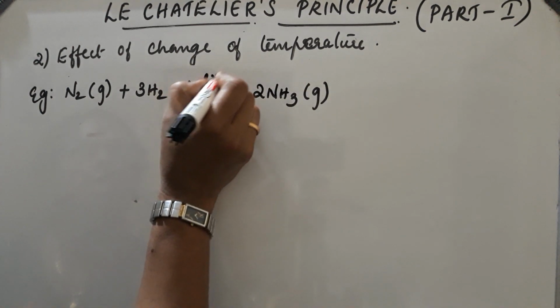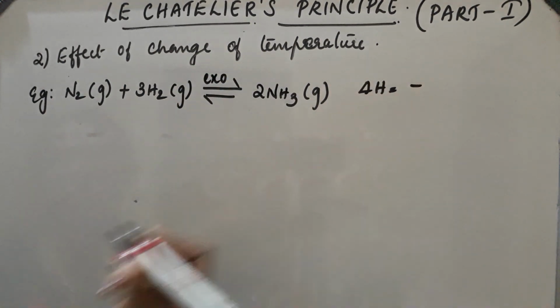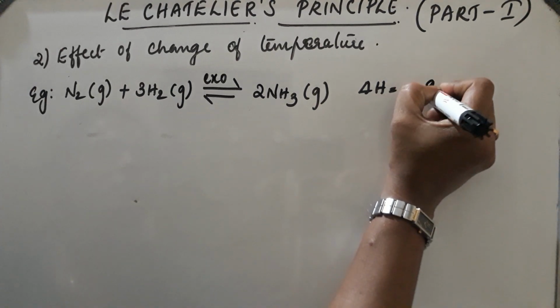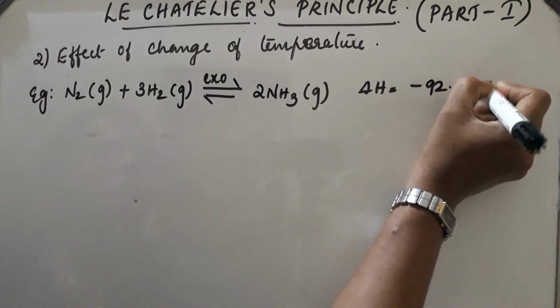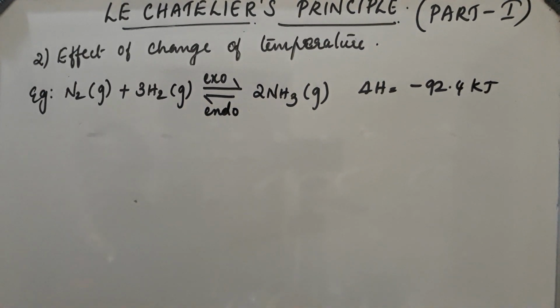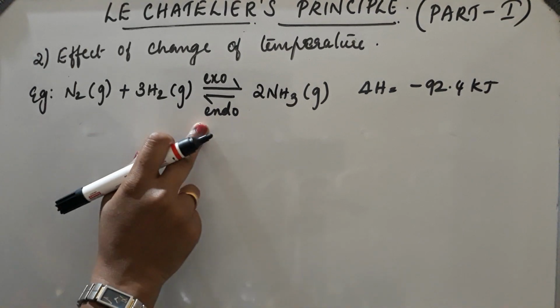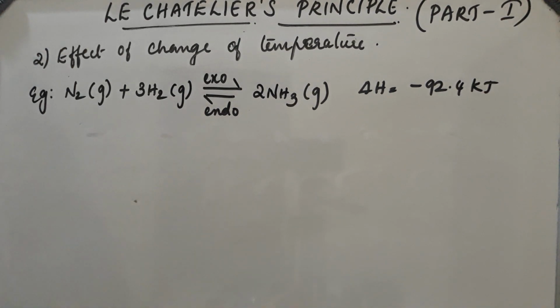The forward reaction is exothermic because energy is released, delta H is minus 92.4 kilojoule. So the backward reaction is endothermic. If we increase the temperature, the endothermic reaction is favored, so the backward reaction is favored.